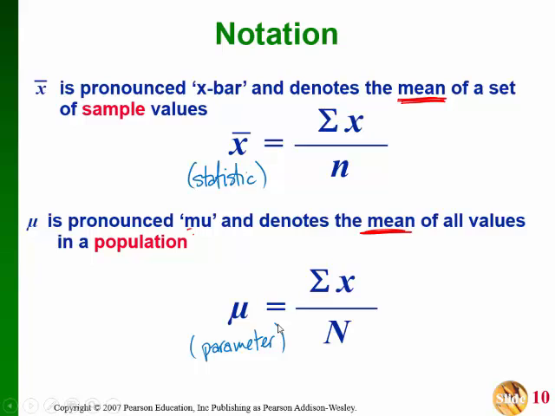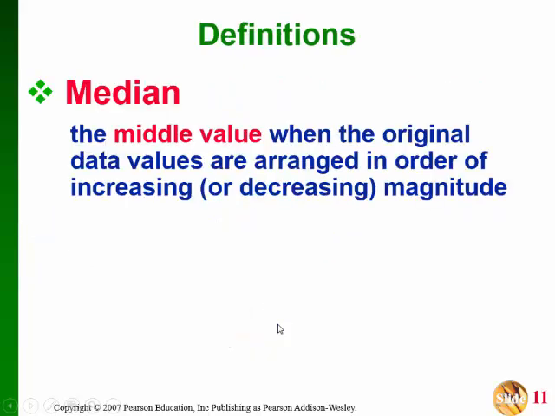Just use MED, median. I think that turns out to be more common in papers than X tilde. And here they make a note that it's not affected by extreme values.